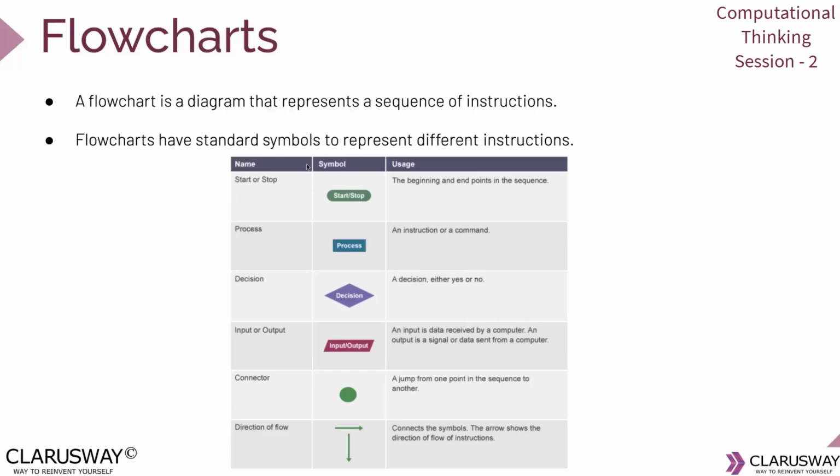So you're basically representing an algorithm using these shapes, arrows, predefined shapes and arrows, which mean something in the context of algorithms, and you use them to represent this algorithm. Flowcharts have standard symbols to represent different instructions, which I also said, which basically means the same thing.